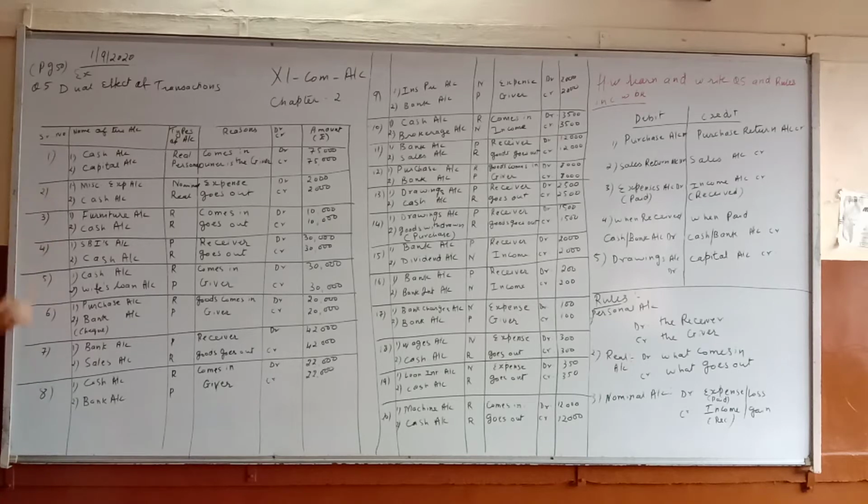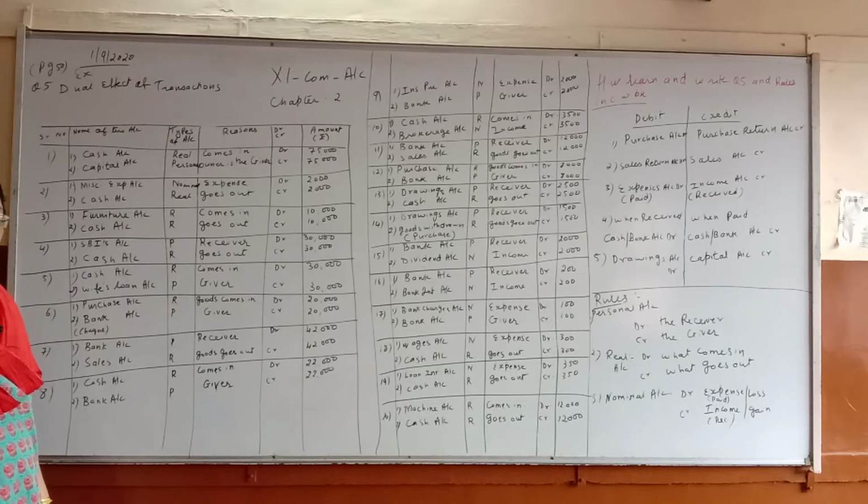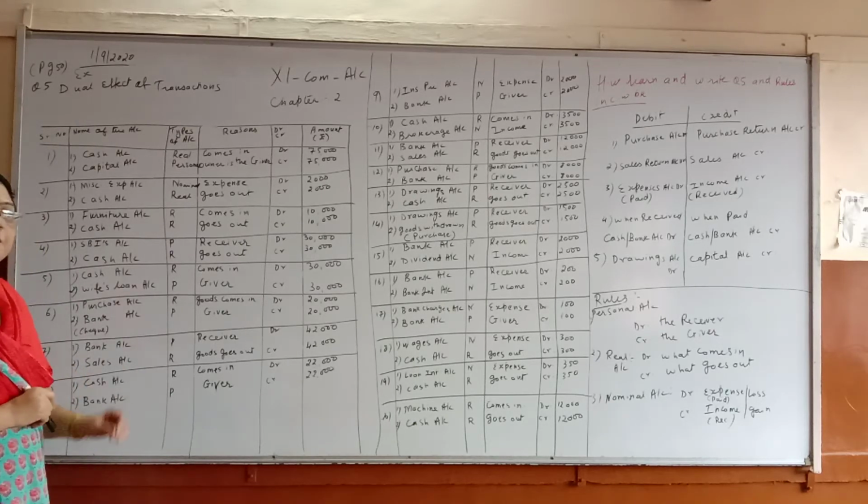Then the second one, expense paid for puja. You can write expense paid for puja as miscellaneous expenses. It is paid.